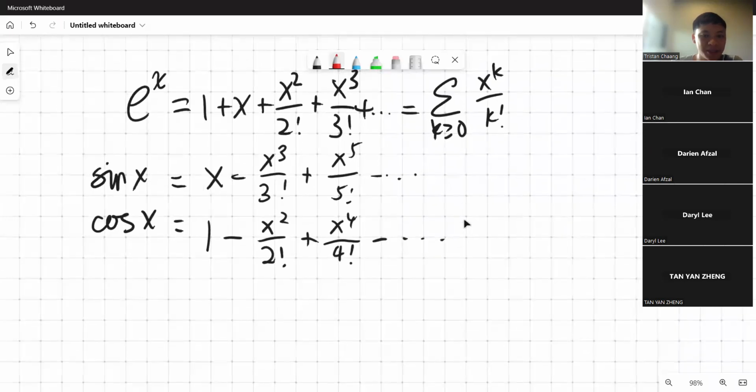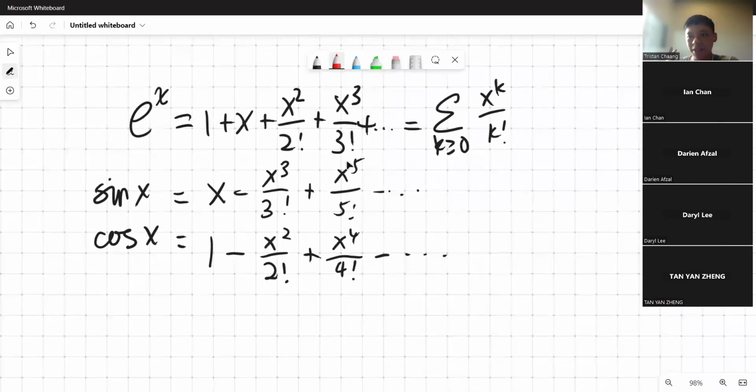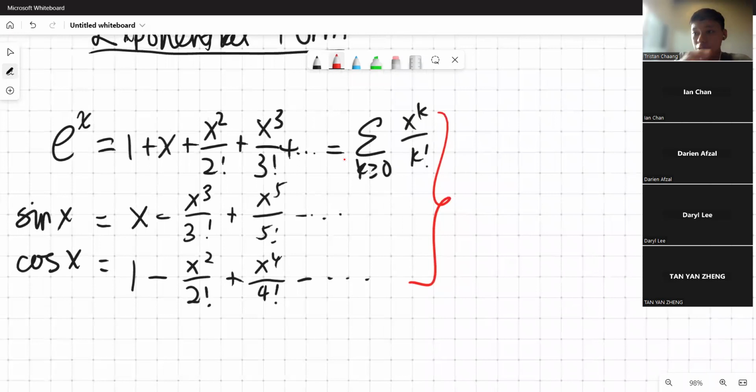Okay. Now, here's a very interesting move, but also a very bold move. In complex analysis, basically the result is that this also works not just for real numbers, but for complex numbers as well.